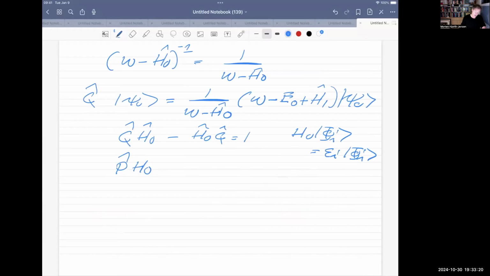So it means that the commutator of H0 and Q is equal to 0, and the same with the commutator between P and H0 is also equal to 0.